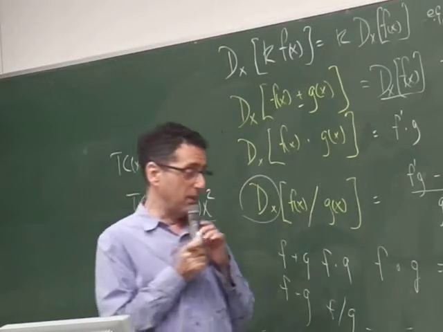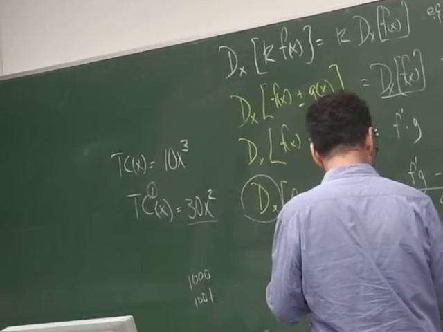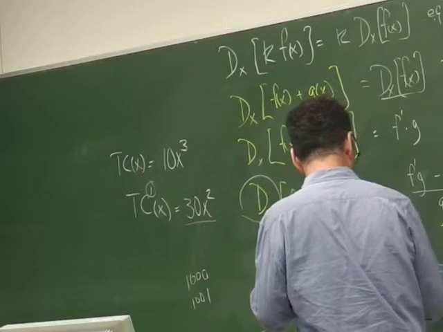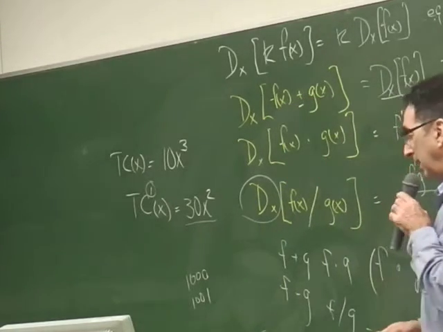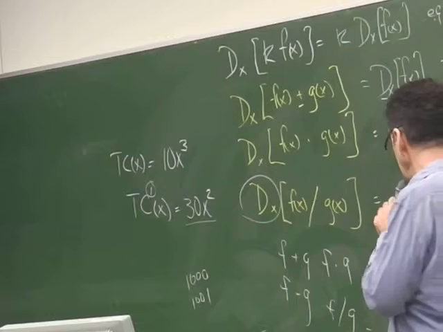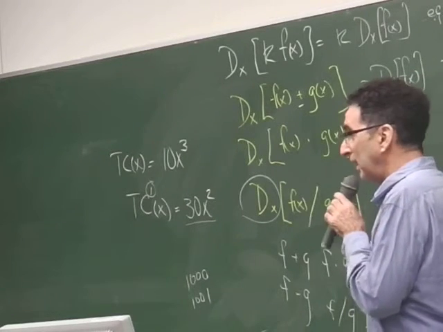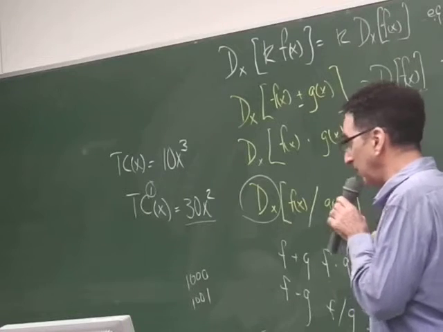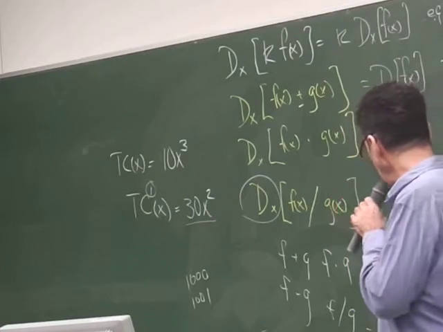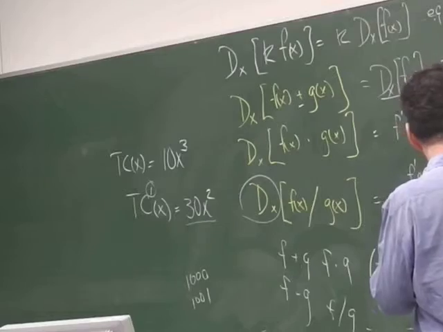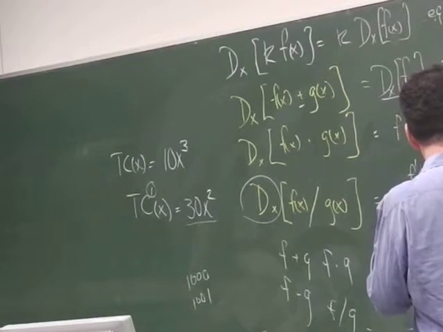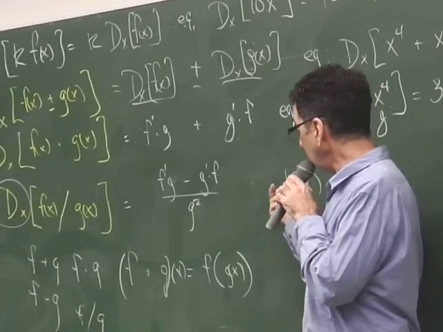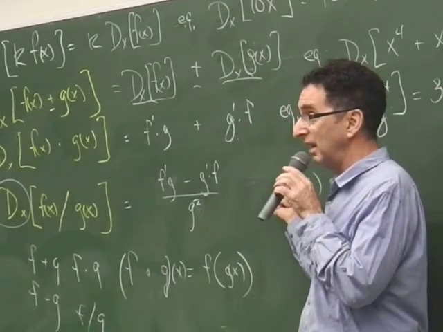By the way, this is sometimes written like this. Usually the reason they write it like that is because if they didn't put the brackets around it, you'd get confused. So this is the name of the function, f circle g, and it's applied to x. Like usually we'd write k of x, so we know that x is the variable and k is the name of the function.